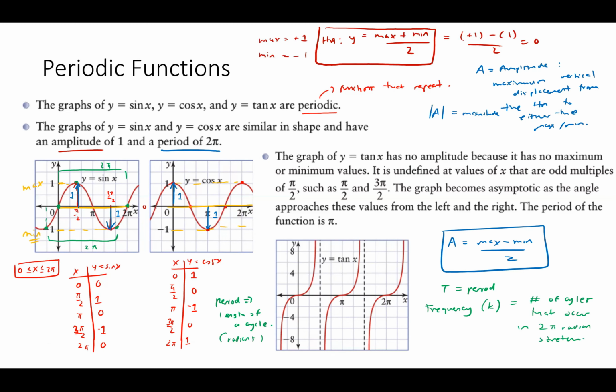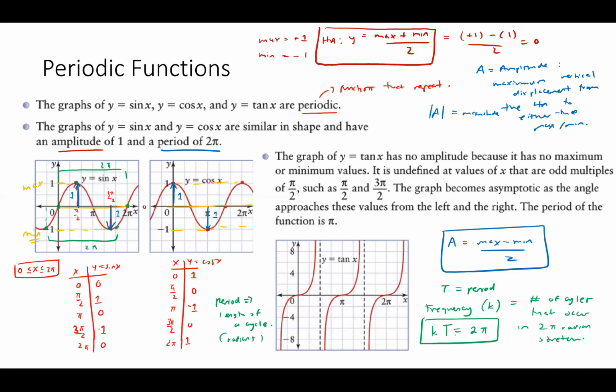Okay, you know that a single revolution is 2 pi radians. However, we know that periodic functions can also be transformed, so the frequency can change, right? But the frequency is the number of cycles that occur in a 2 pi radian stretch. And one thing that you need to understand is that the frequency times the period will always equal 2 pi radians.